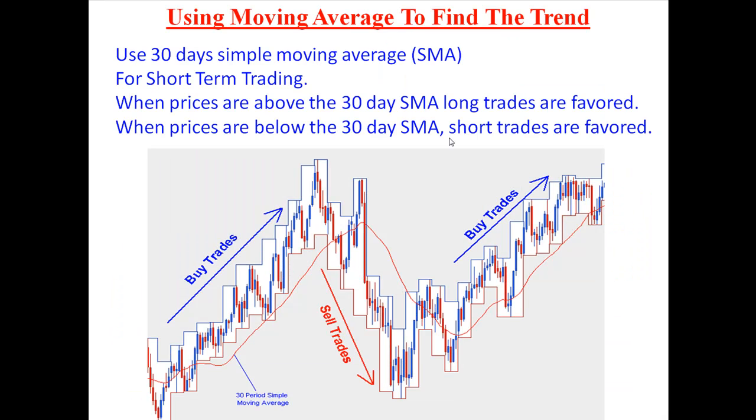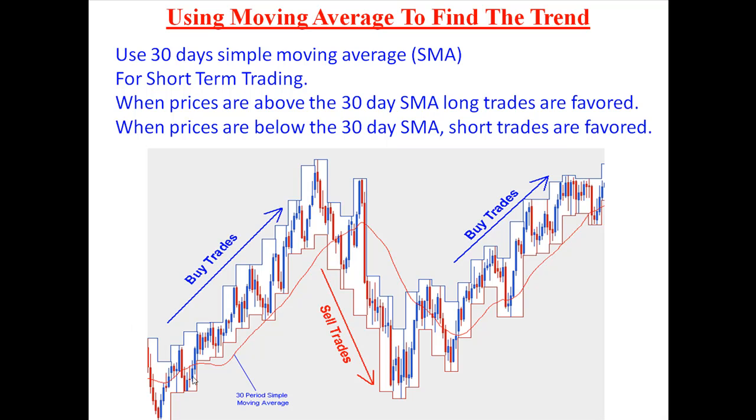Okay, now another technique you can use to identify a trend is by using a moving average. So to find the trend, if you are doing smaller short-term trading, use a 30 period simple moving average for short-term, and then the 200, which we are going to come to later.